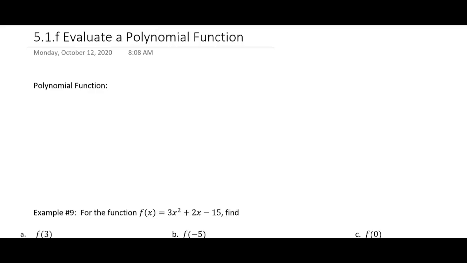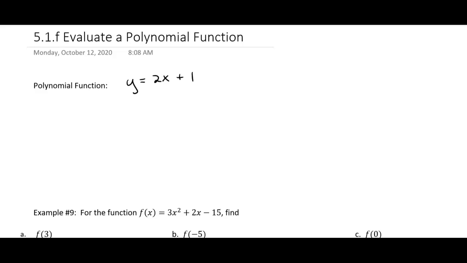Okay, so we're going to talk about polynomial functions. Now, I don't know how much we've talked about functions in past sections, so I'll just assume that this is new. Remember when we were working with graphing in Chapter 3, and we had something like y equals 2x plus 1, something like that.